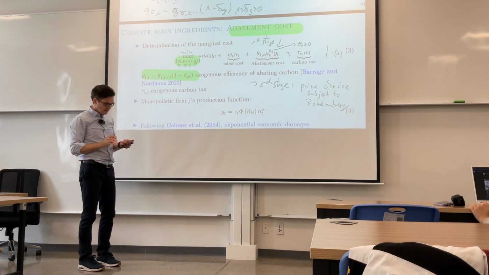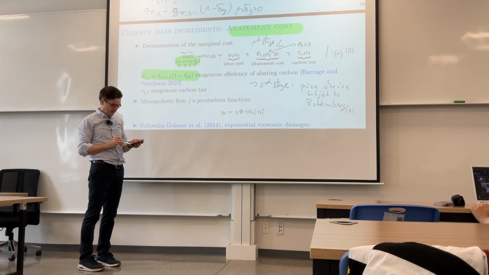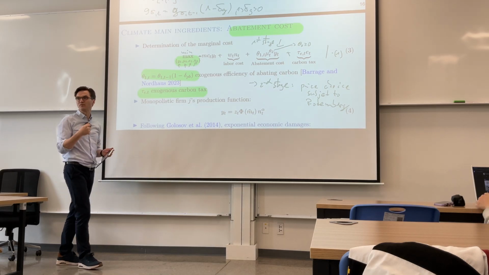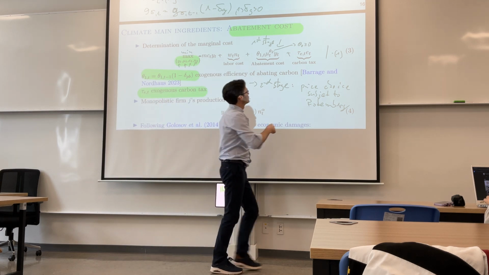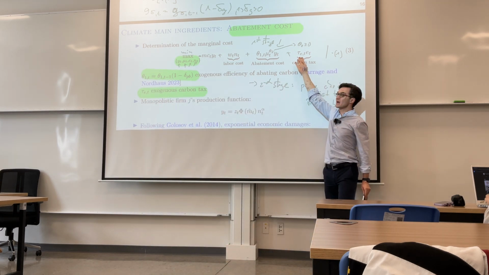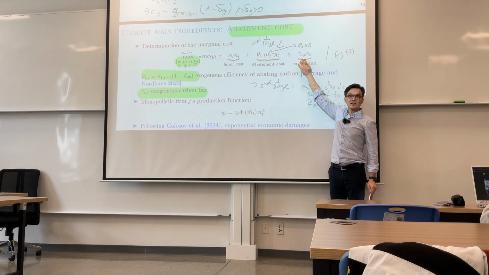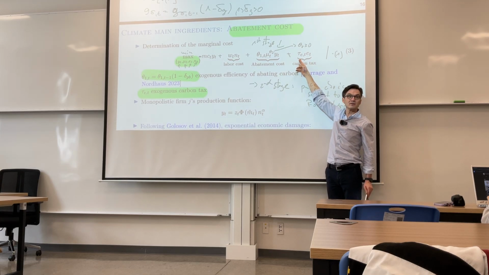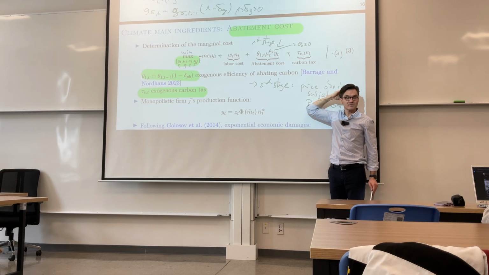Finally, the government levies an exogenous tax onto these firms for emitting. So tau is a tax rate that the government decides upon that's proportional to your emissions. So if you emit 1 gigaton of carbon dioxide, you have to pay a tax as a firm of tau E. That's the basic idea.